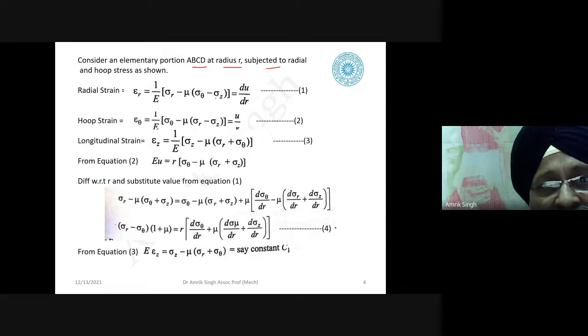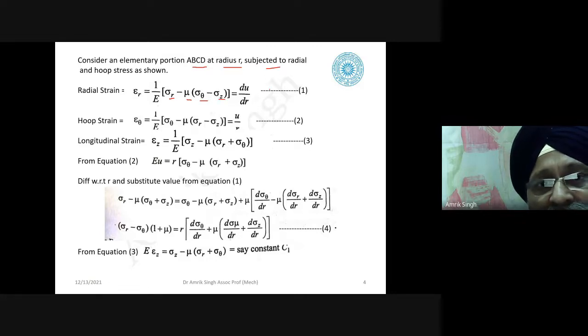Using the generalized Hooke's law, we can use this expression for radial strain, epsilon r, equal to 1 upon E times the radial stress minus Poisson ratio times the hoop stress and the axial stress.